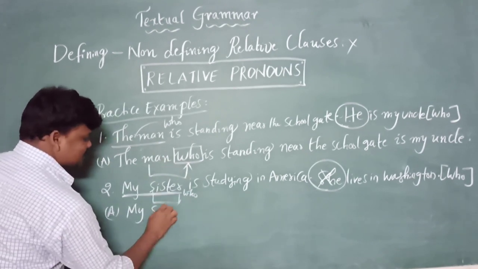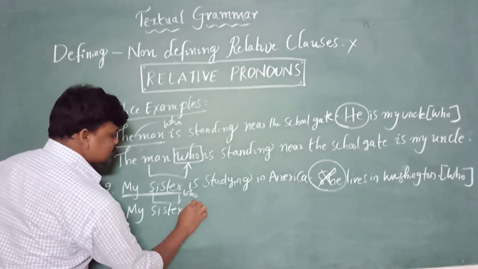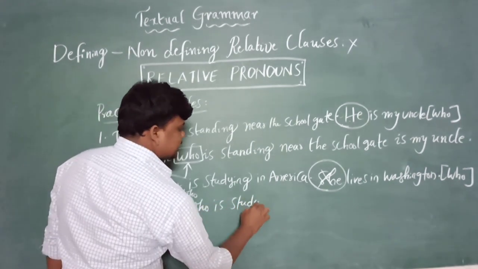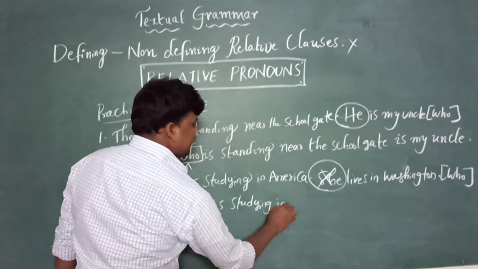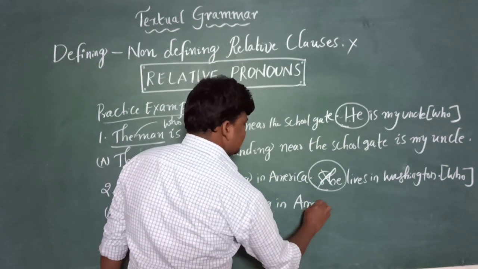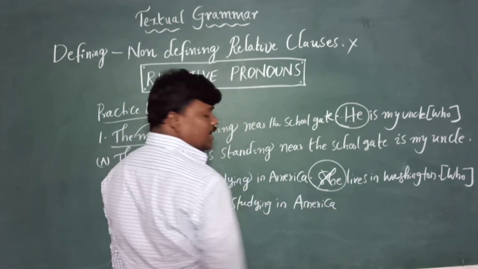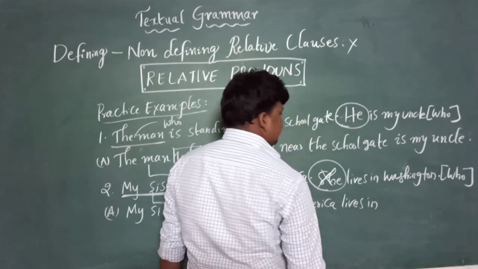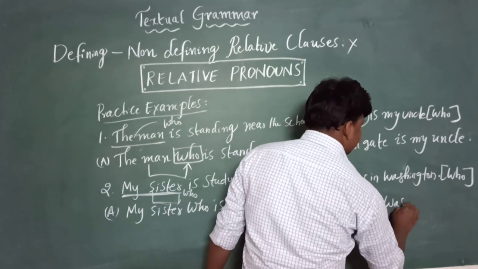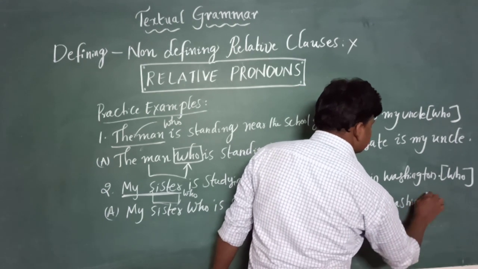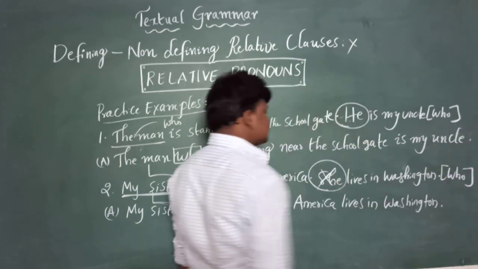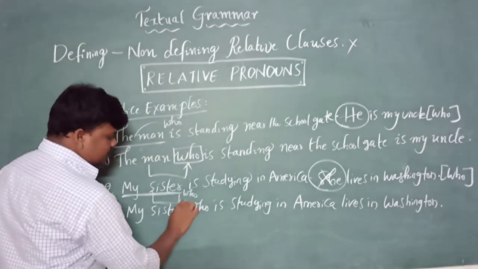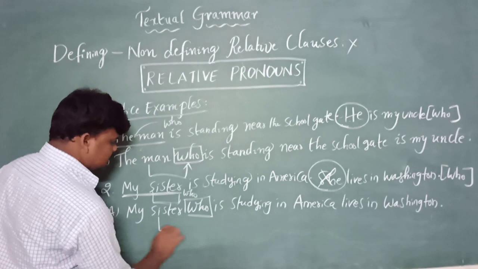My sister who is studying in America lives in Washington. This is the answer, a simple answer. See, my sister: who always follows the person immediately.